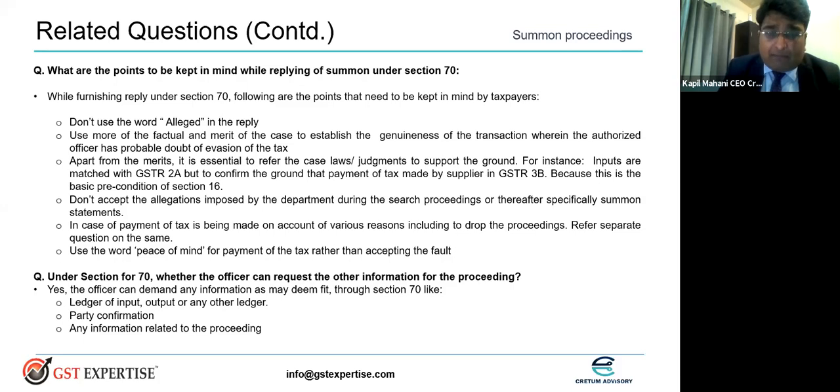Even if you are accepting on account of certain things for which you do not have enough documentation, you can do it, but it should be done just for peace of mind, because you have not made any error and you just want to close the proceedings.